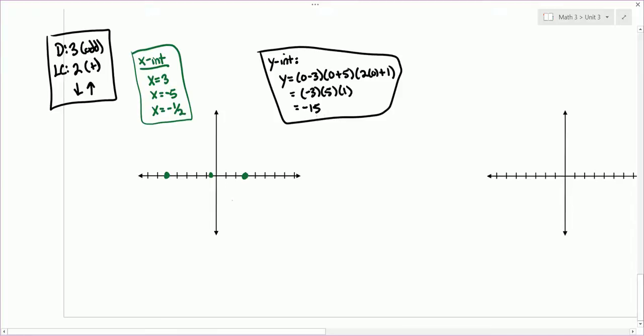We have a y-intercept at negative 15. And we have the left side pointed down. All our x-intercepts, there's no repeats, so we're going to pass through all of our points. So when you pass through that negative 1/2, you're going to dip down to negative 15 and then back up, and we have our graph.